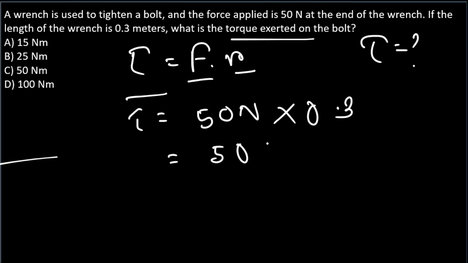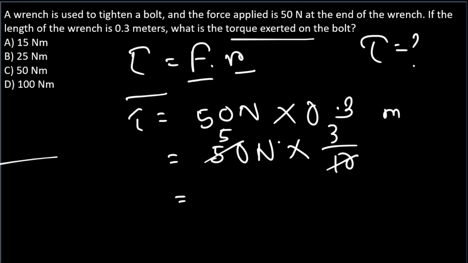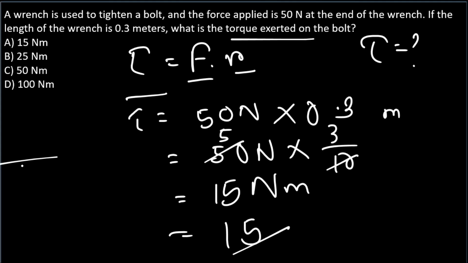When we multiply the fractional value, we get 3 over 10. So 10 goes over 50, 5 times, and 5 times 3 equals 15. So 15 Newton meter will be the answer. Option A is the answer.